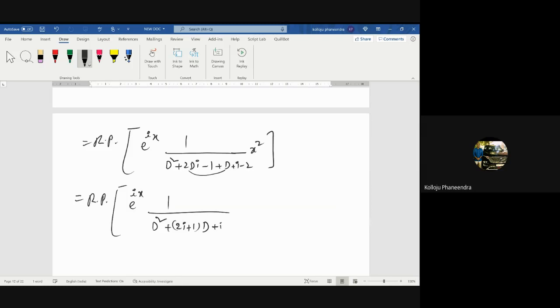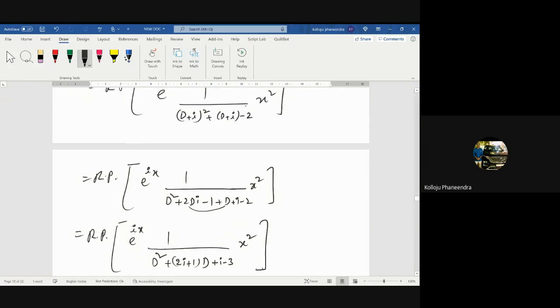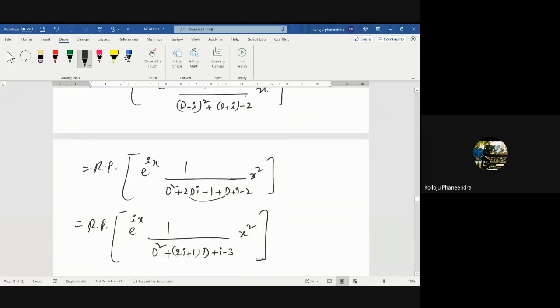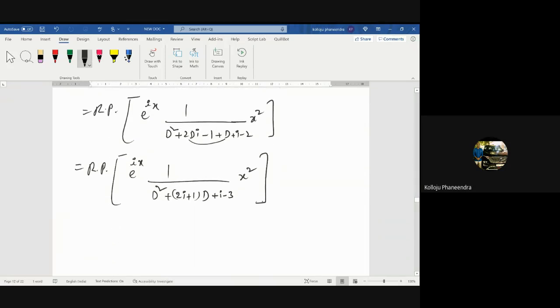You write i minus 3, correct? x square. Any corrections? Sorry, minus 1, correct. Plus D plus i, correct. Minus 2, right? D square, D term common, 2i plus 1 is there. Next constant term is i minus 3.